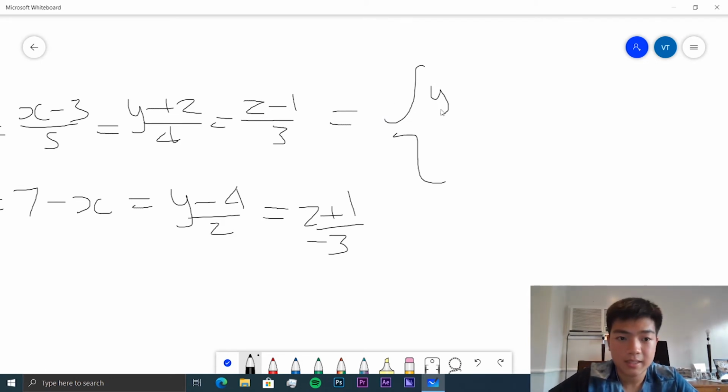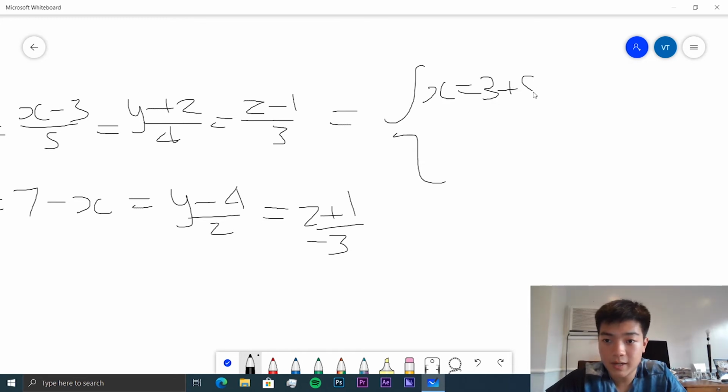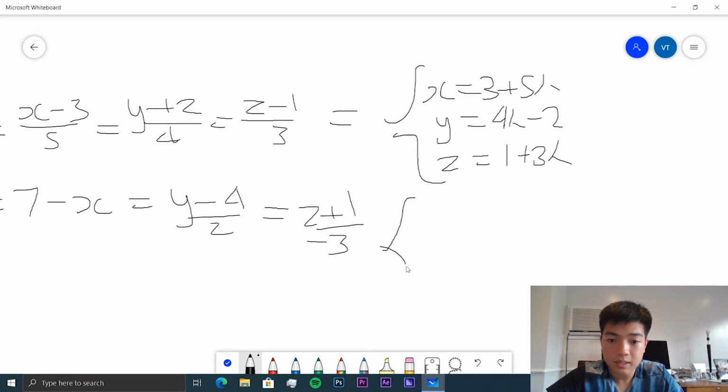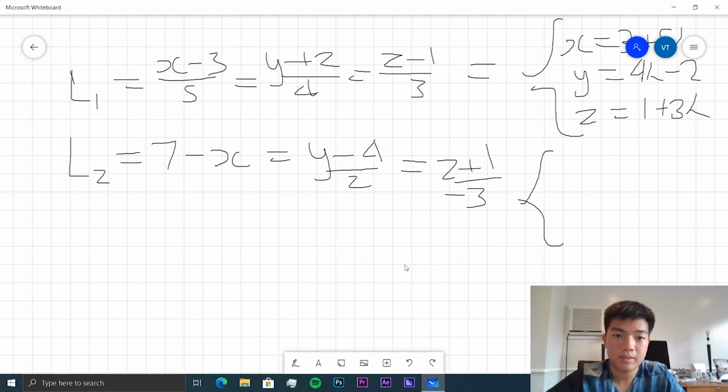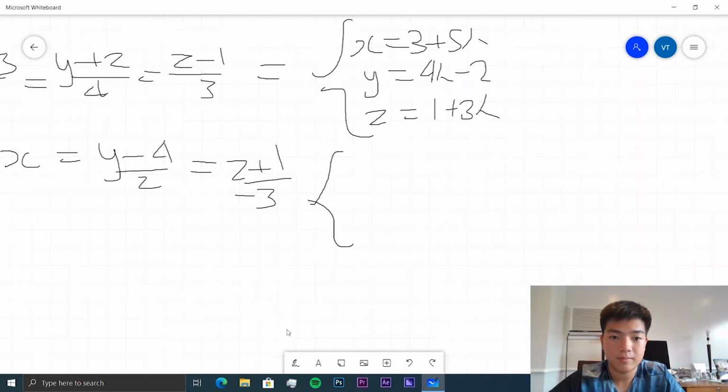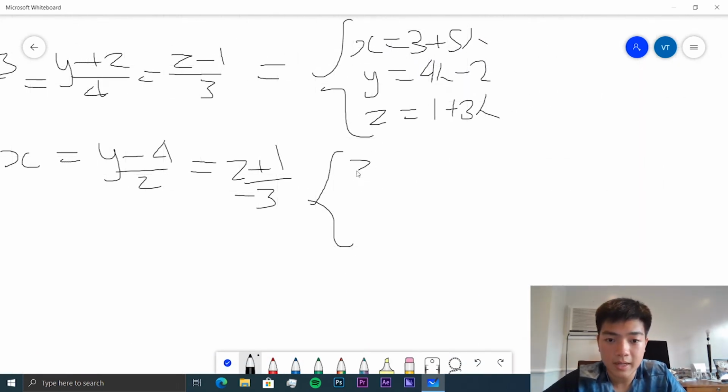x is equal to 3 plus 5 lambda, y is equal to 4 lambda minus 2, and z is equal to 1 plus 3 lambda. Similarly over here, we have x is equal to 7 plus lambda.